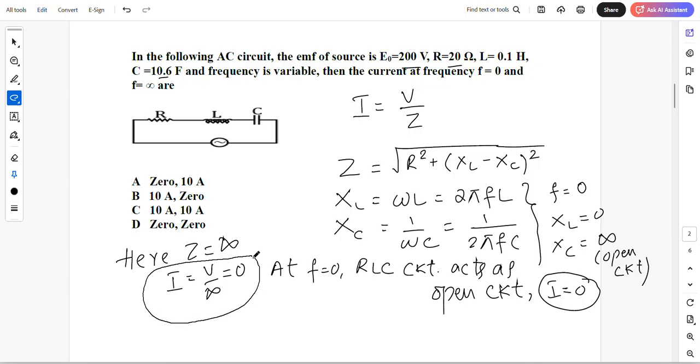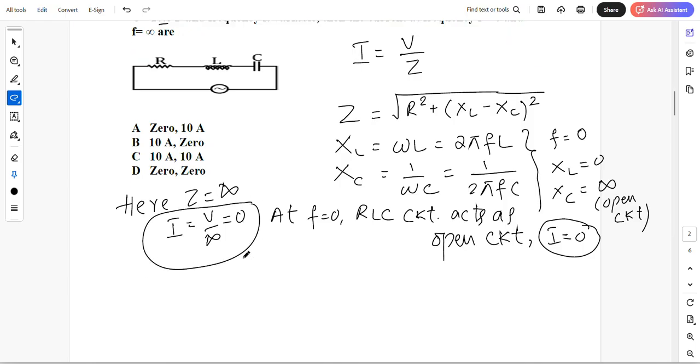Now let us say at F is equal to infinity. What happens to XL? XL will be infinity. XC, just substitute F here, XC will be 0.